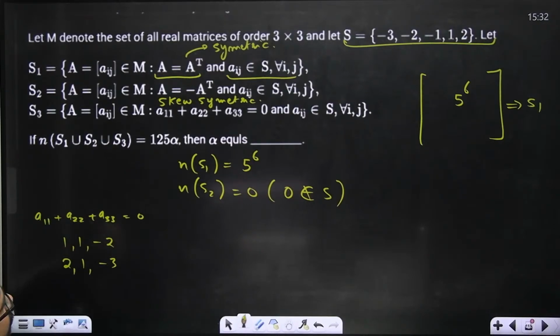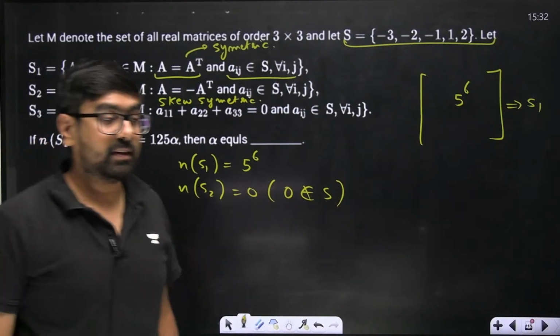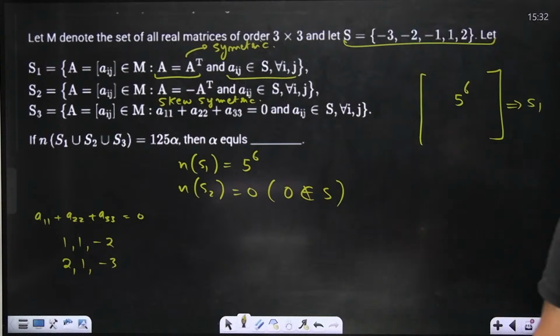How else can we get 0 in the diagonal elements? Tell me the ways. Come on, guys. 1, 2, minus 3 we wrote. 1, 1, minus 2 we wrote.